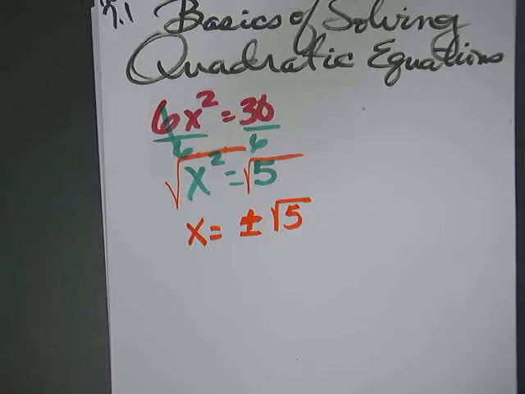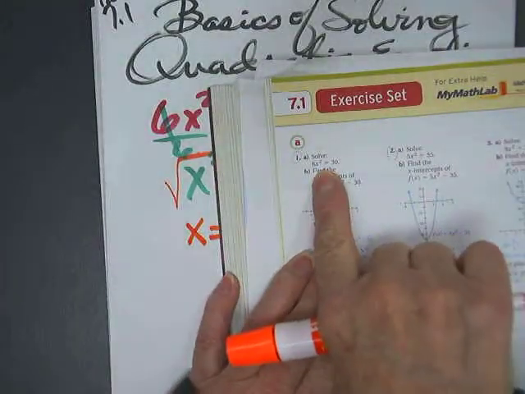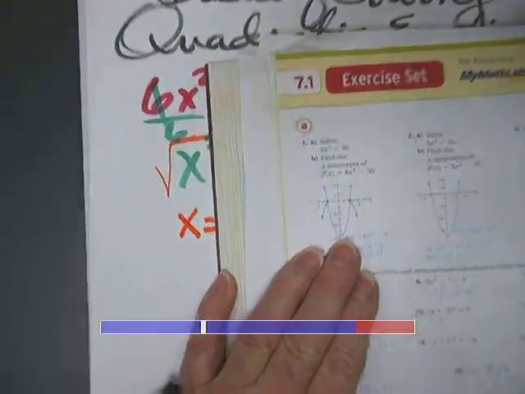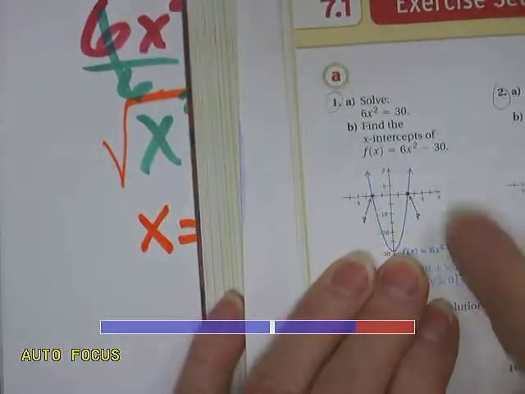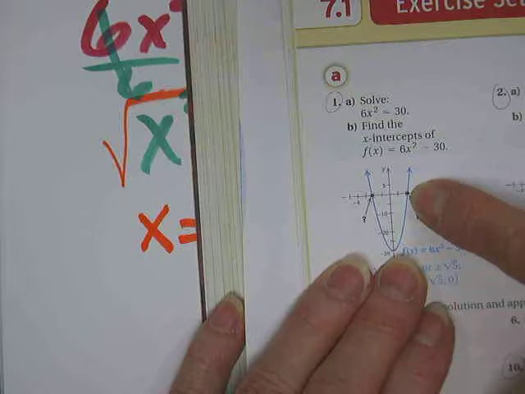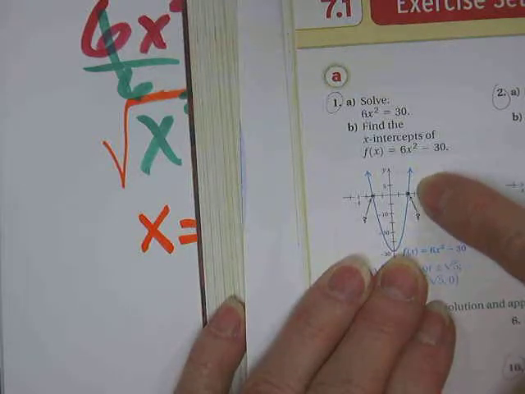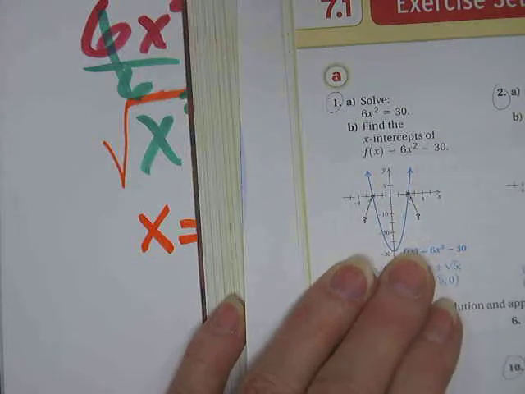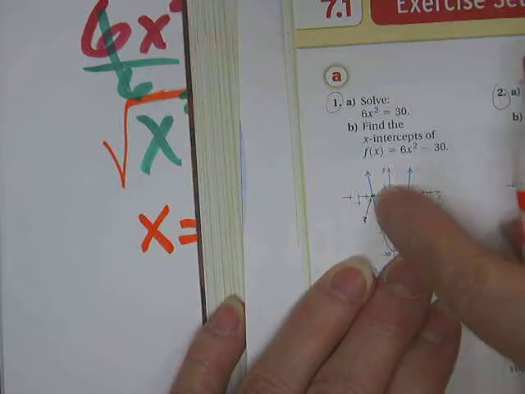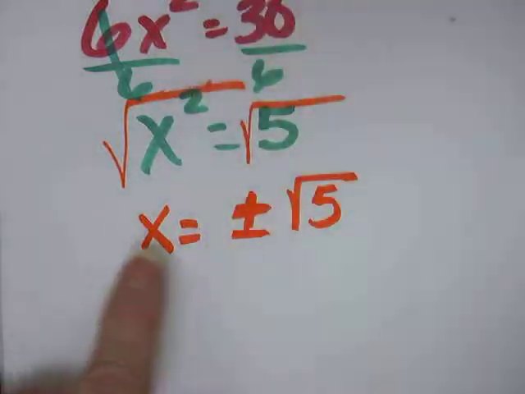So if you actually had a graph of 6x squared equals 30, these points would be your x-intercepts, that would be when y is 0. That's going to cross at square root of 5 and negative square root of 5.